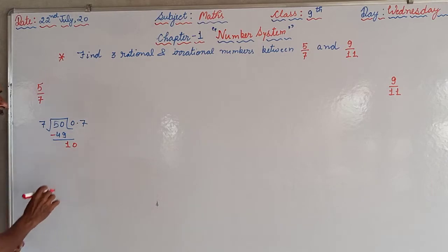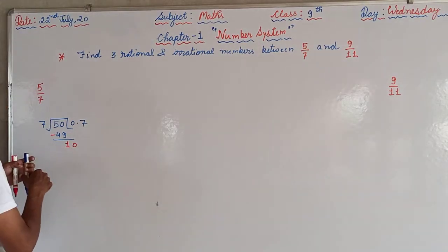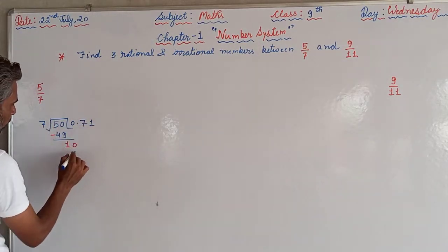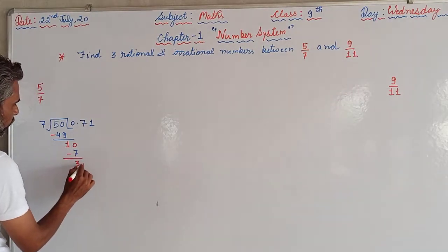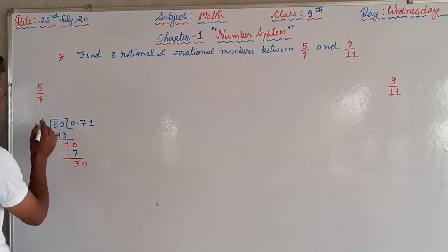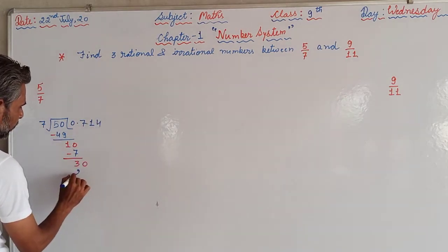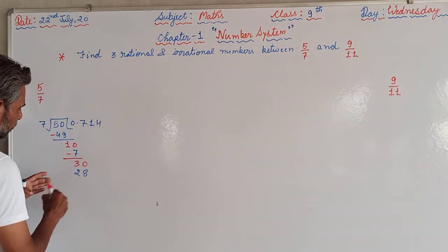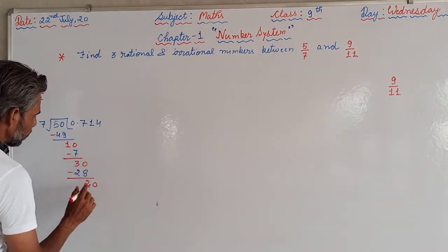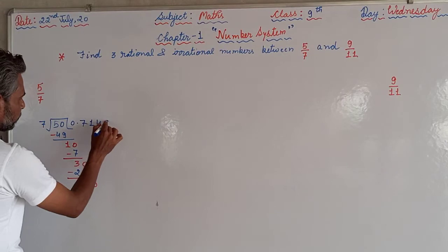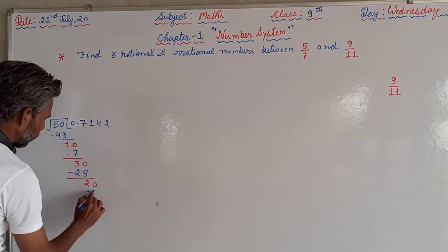We can place the 0 here, and we will get 7 1s are 7. Again we will subtract, and we will get 3 here. So again we will place the 0, and we will get 7 4s are 28. Again we will subtract, and we will get 2, and we will place the 0 here, and we will get 7 2s are 14, that is 40.